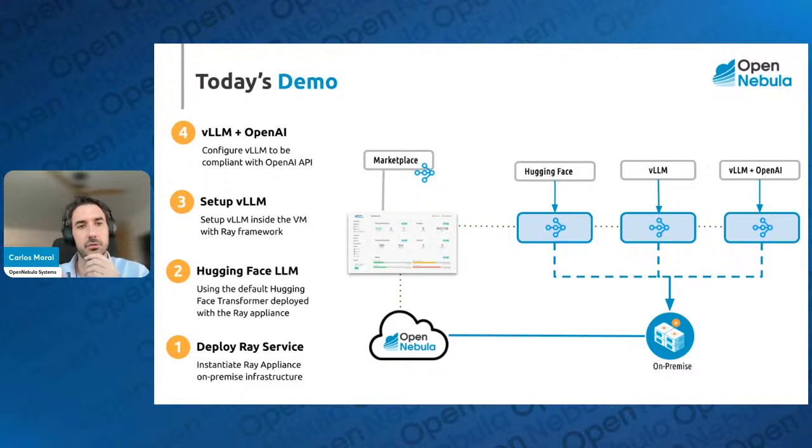So these are the 4 steps. First, the Ray service to be available. Second, the deployment with Hugging Face. Third, the deployment with vLLM. And fourth, the deployment with vLLM being compatible with the OpenAI API framework. Okay, so that's it. Now we can jump into the demo.